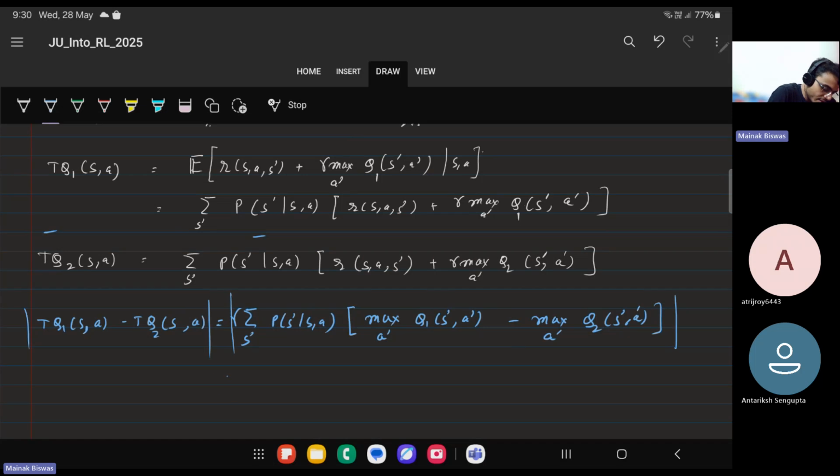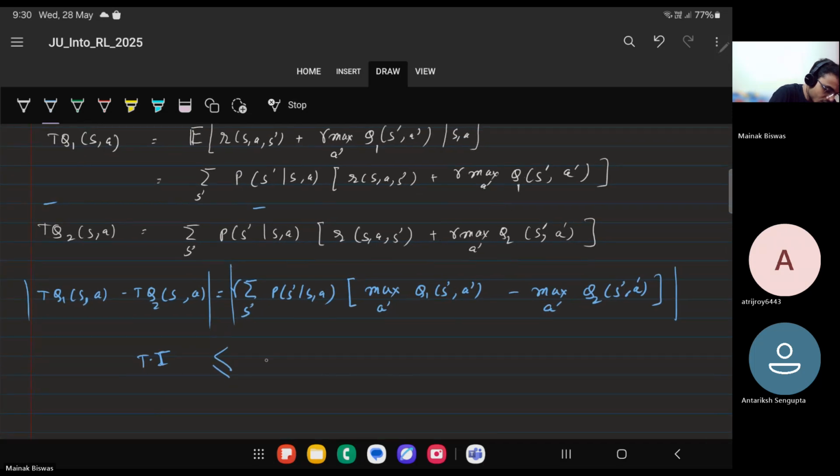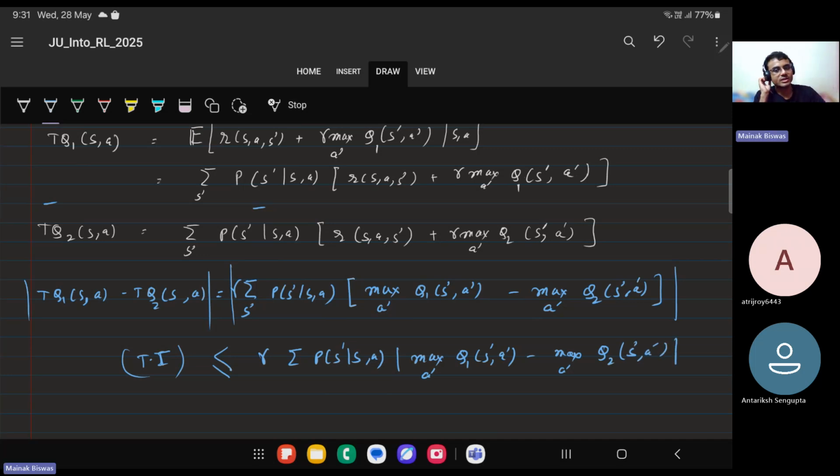If I take a mod, I can use triangle inequality to write gamma times... now I come under serious trouble. This is the catch. So this step is fine, right?